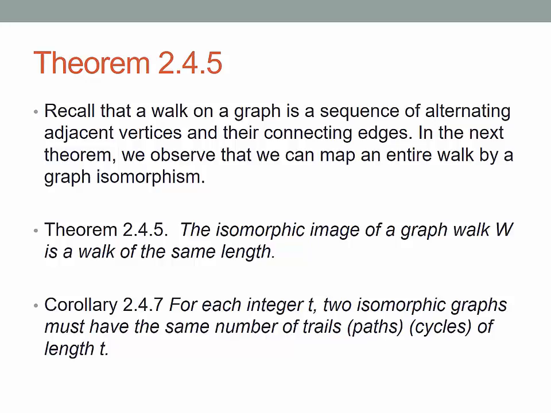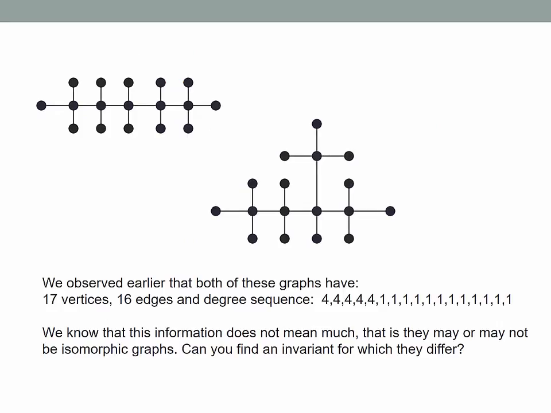This gives us a corollary that's very useful. So returning to our saturated hydrocarbons, let's look at the hydrocarbon up in the top left. If we start at the far left, we can find a path of length 6. You move vertex by vertex, 1, 2, 3, 4, 5, 6, going right down the middle.